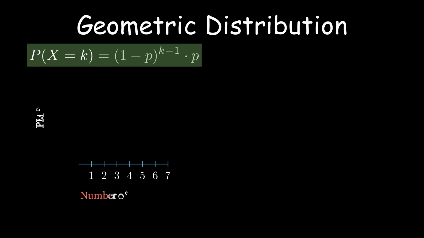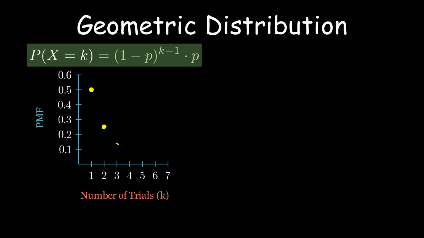If we plot the PMF of the geometric distribution, we will see that it is a right-skewed distribution. This is because the probability of success decreases as the number of trials increases. Why? Because the more trials you have, the more likely you are to get a failure before a success, as per the definition of the geometric distribution.